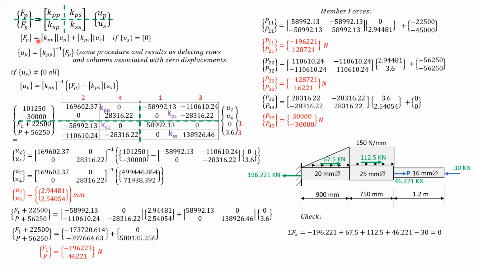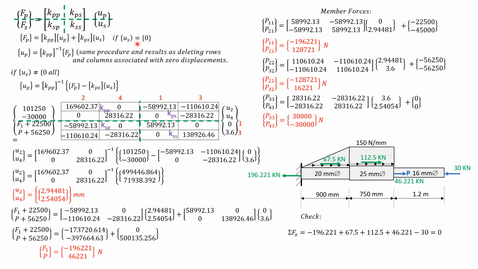This is very easy because U sub P is simply the inverse of KPP times the force matrix. These are known forces. And this is the same procedure and results as deleting rows and columns associated with zero displacement when U sub S is 0. When this is 0, remember, you can solve for the unknown displacements directly. It is the inverse of this matrix times this force matrix, which is known. So that is the same.